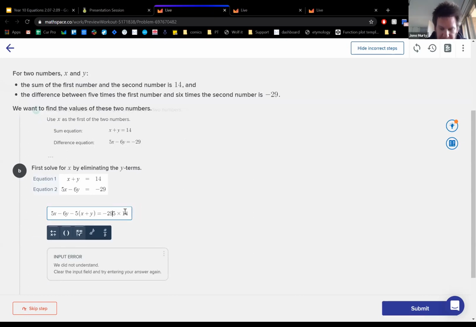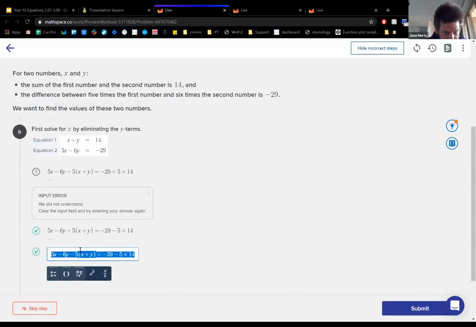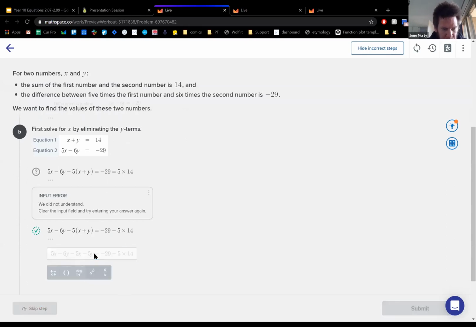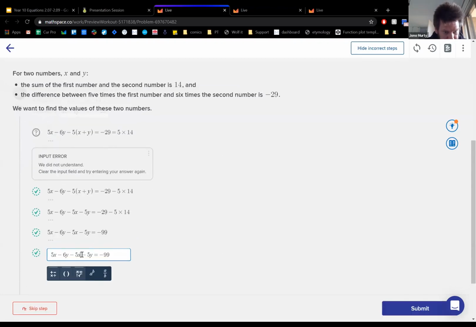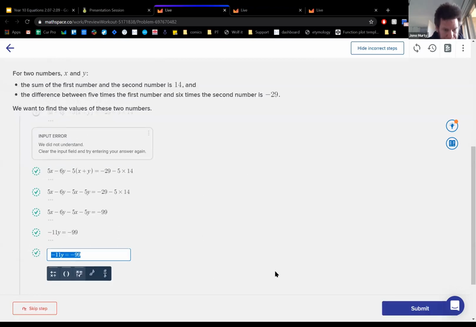Oh, minus 5 times 14. 50, 70 minus 29 minus 99. So we can get rid of the 5x's because we've got 5x and we're taking away 5x. Minus 6y minus 5y gives me minus 11y. And now I can just divide both sides by minus 11 and we get y is equal to 9.